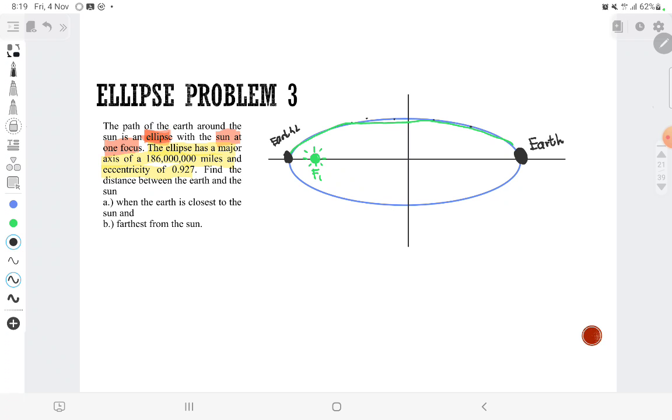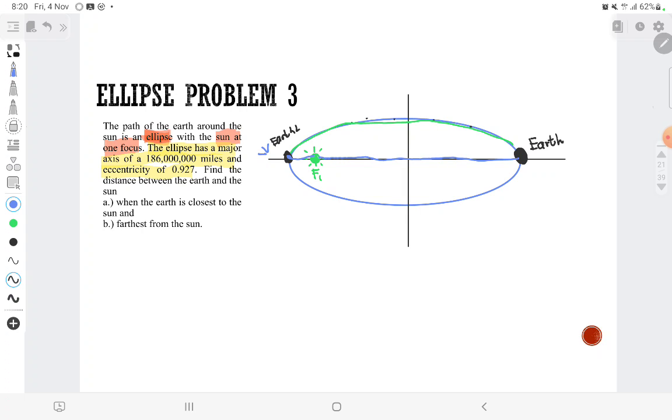From this observation, we can say that the farthest from the Sun is from F1, the Sun, to this part of our major axis, and the closest from the Sun is from this negative vertex to our F1.